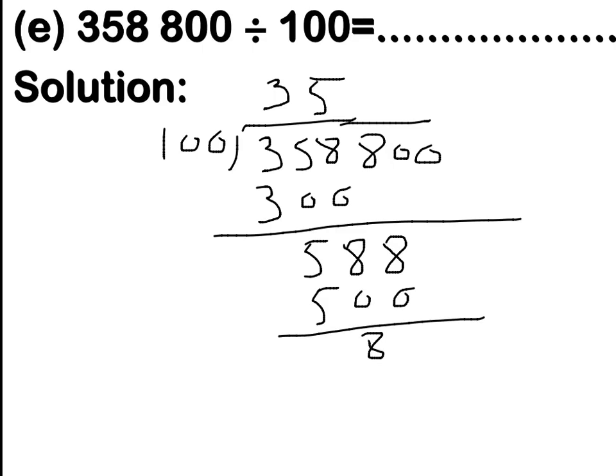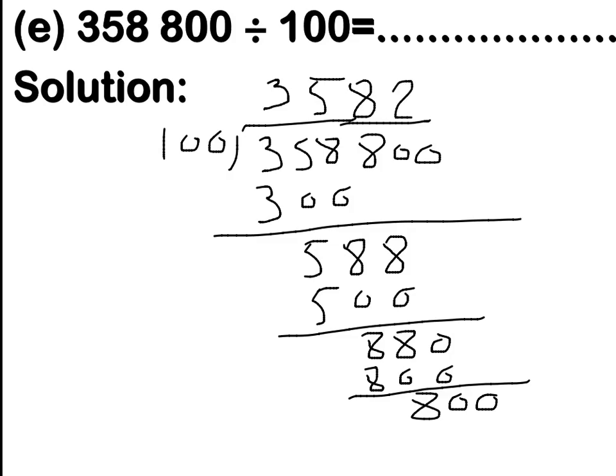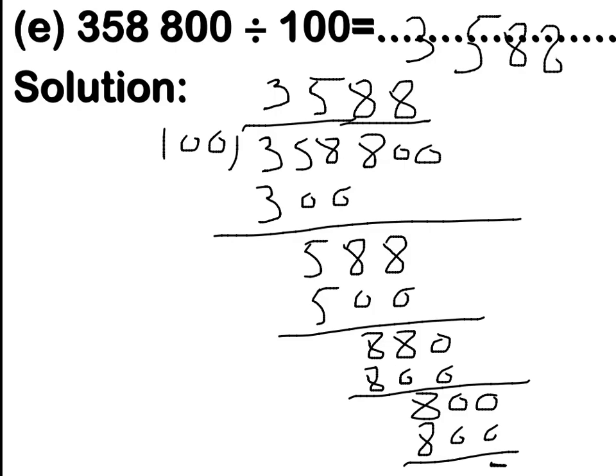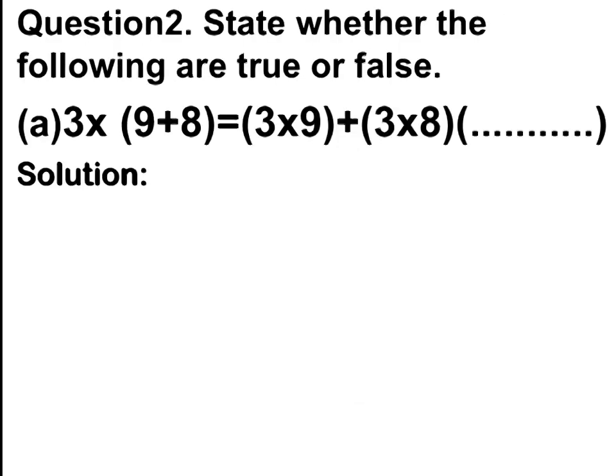Now 880. 100 8s are 800. Next 800, 800 minus 0. So the answer is 3,588. Understand?